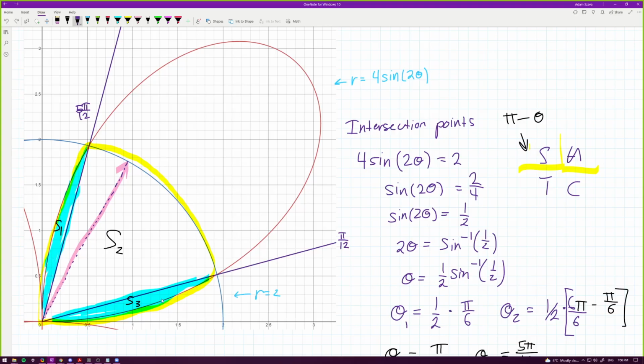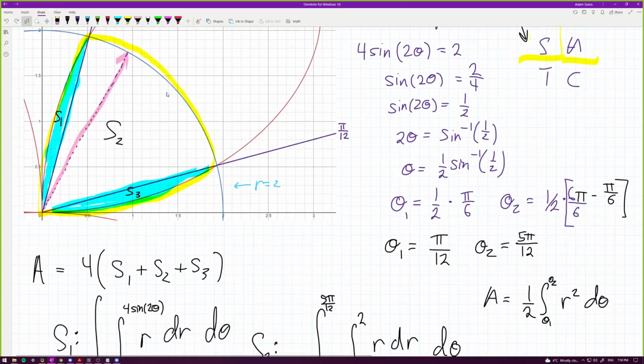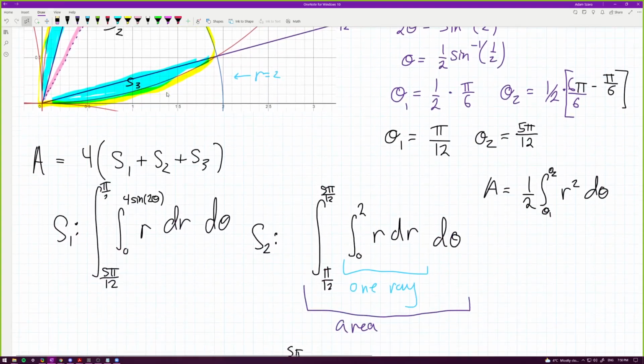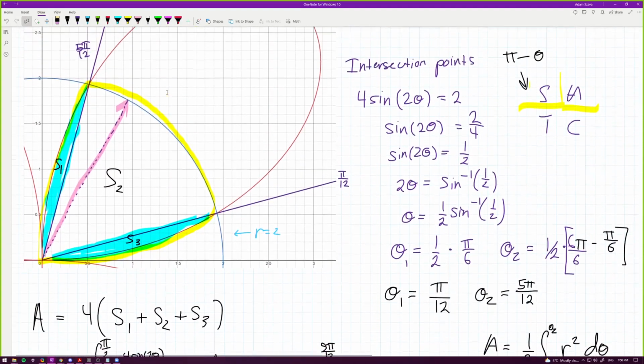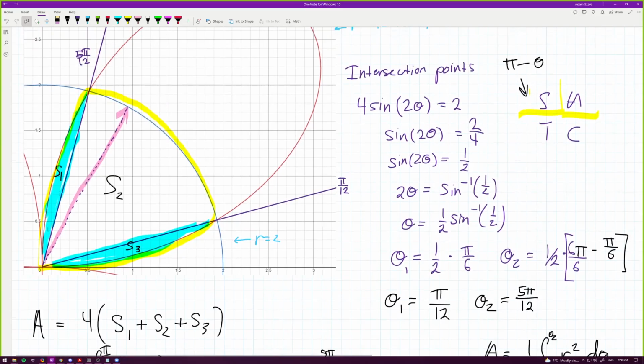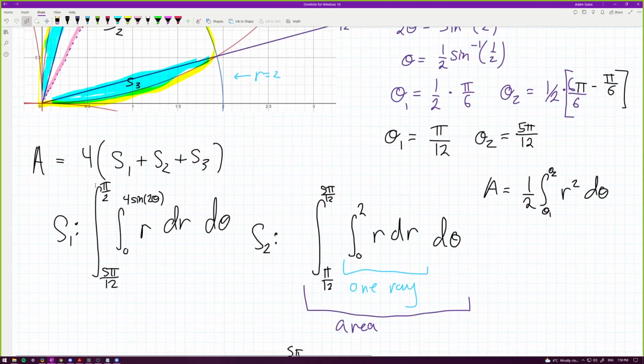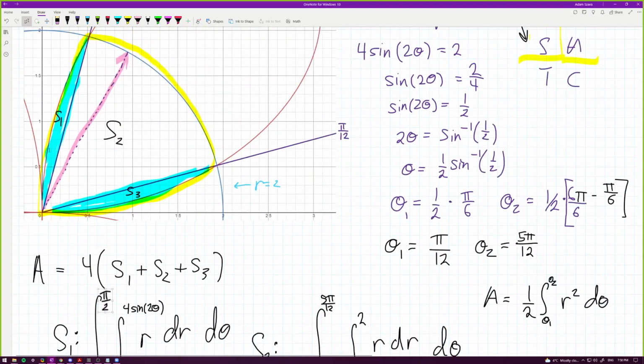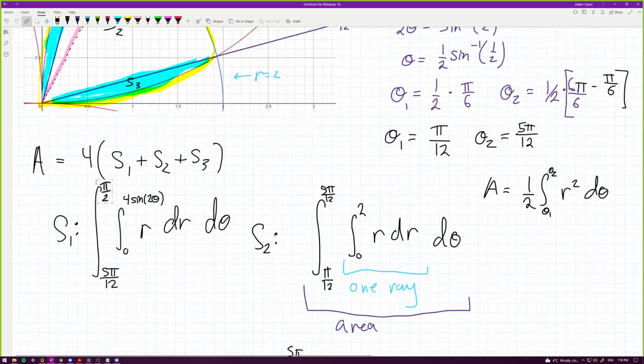Perfectly vertical. So a little bit hard for me to draw, but hopefully you can see it. Rays coming out like this, all the way from the origin to the graph, and they're going to keep going more vertical, vertical, vertical until they are vertical. So we're integrating from 5 pi over 12, which is that purple line, all the way to pi over 2.